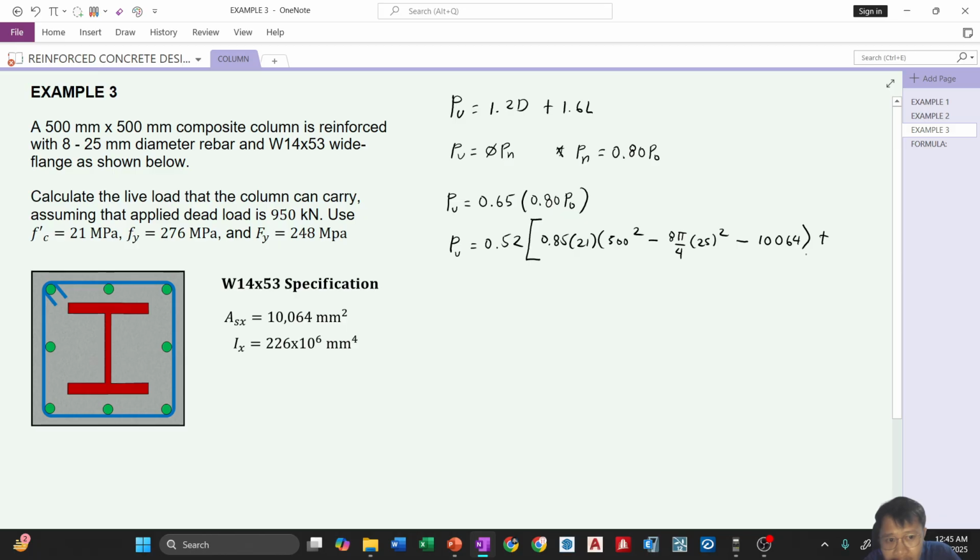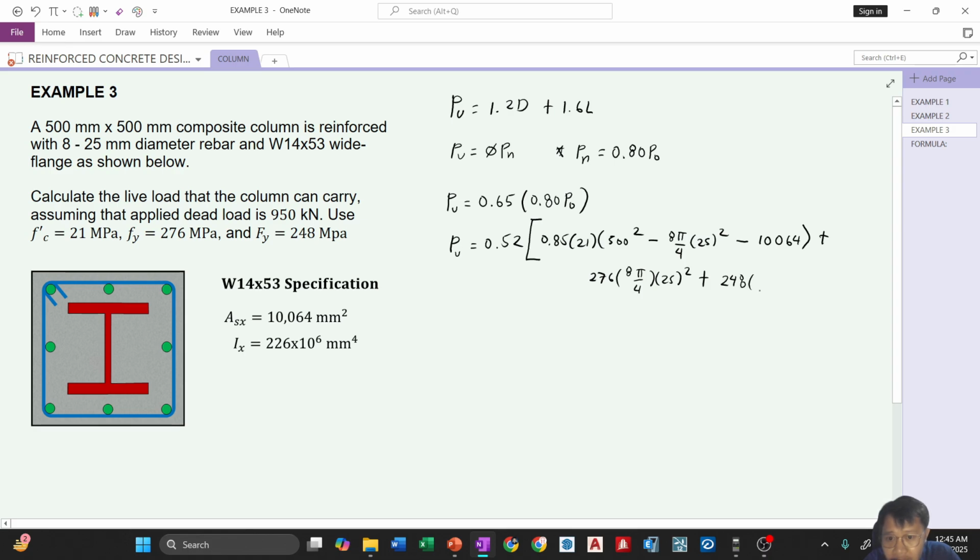Next, add natin dito yung Fy As t natin. That is 276 for the rebar times area of the steel. That is 8 pi over 4, 25 square. Okay? And then, i-add din natin yung structural steel element. That is Fy, yung capital, 248.